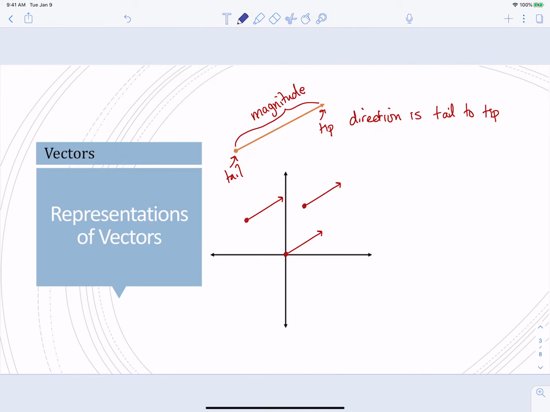When we do have a vector in the coordinate plane, this is 2 dimensions. We're here in 2D. This is usually represented east and west on the x-axis and north and south on the y-axis. This vector right here sitting with its tail at the origin is also called a position vector.